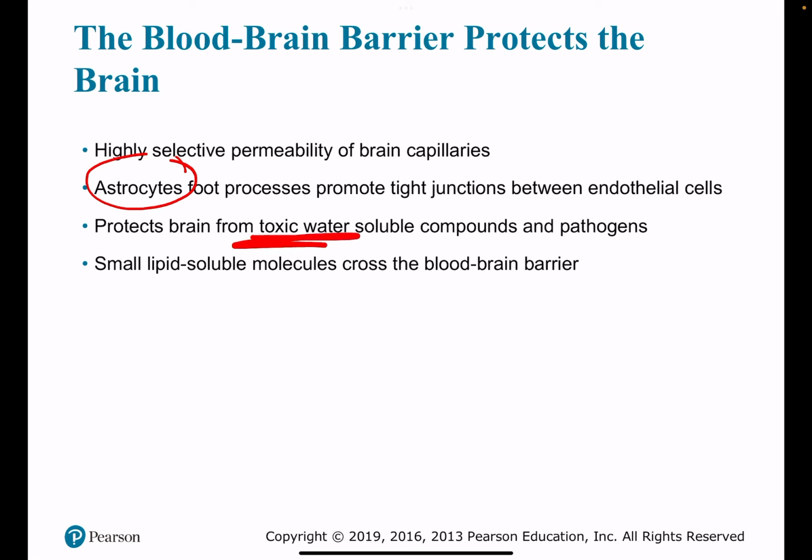Anything toxic, it's going to try to not allow in. Things that can pass through are lipid-soluble molecules. You know this already, that lipid-soluble molecules get through the cell membrane because steroids are lipids that go through the cell membrane without needing a receptor. The receptors are on the inside of the cell.